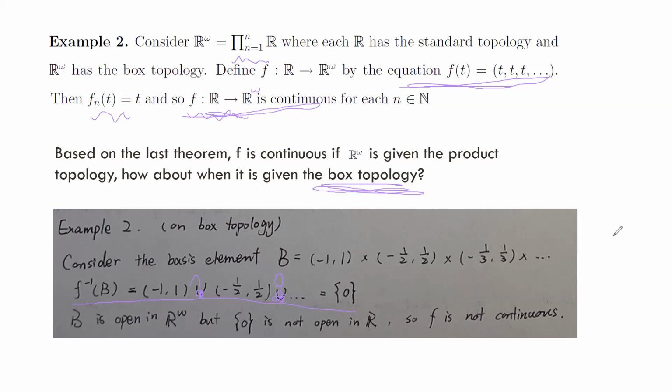Then t must be in (-1, 1) for the first component, in (-1/2, 1/2) for the second component, and in (-1/3, 1/3), and so on. So it must be in all these open intervals (-1/n, 1/n). What numbers satisfy this condition? The only number that satisfies it is 0.